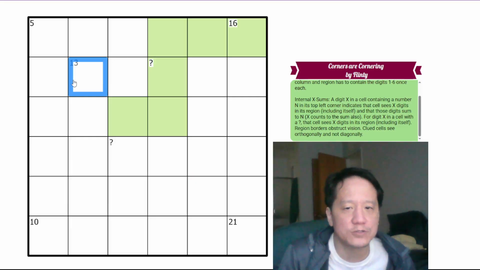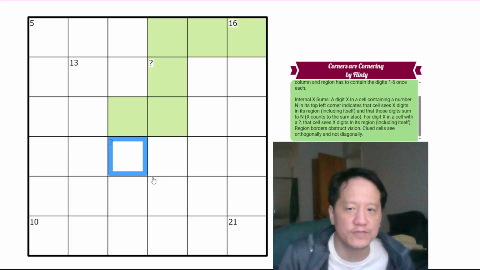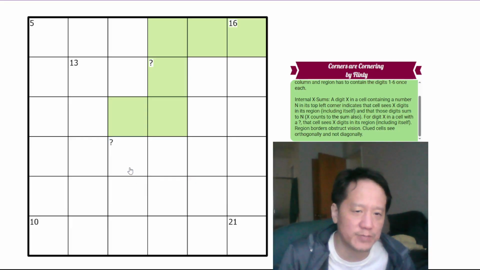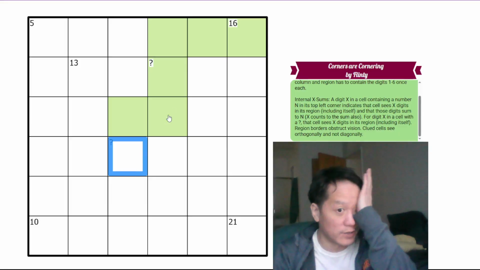X counts to the sum also. For a digit x in a cell with a question mark, that cell sees x digits in its region, including itself. So basically, it's summing to something we don't know.